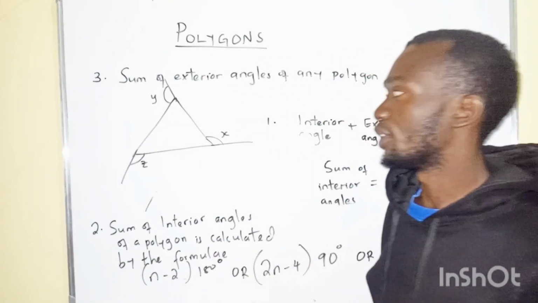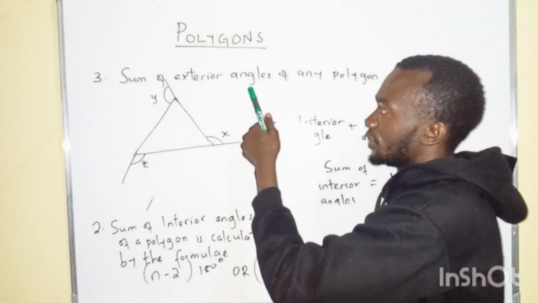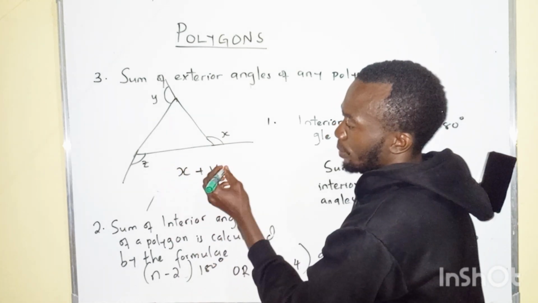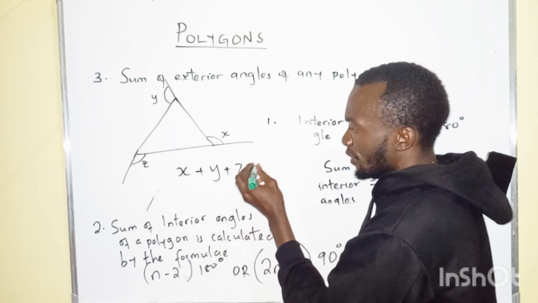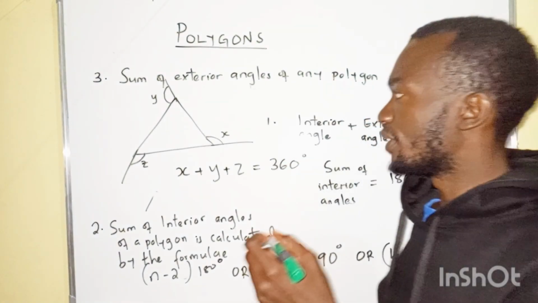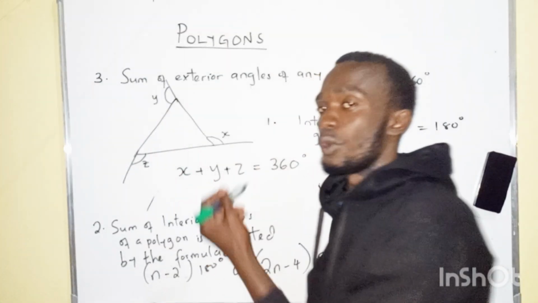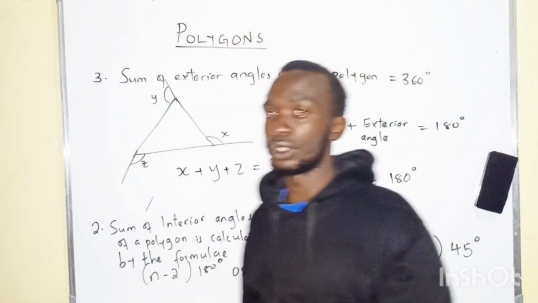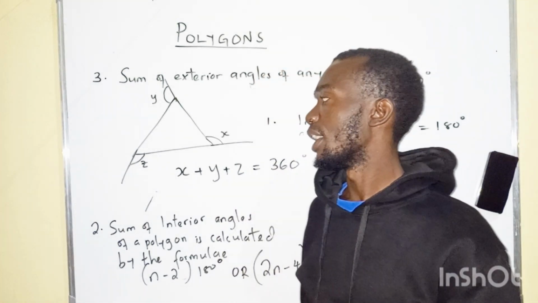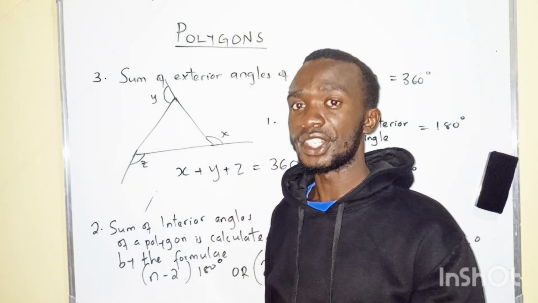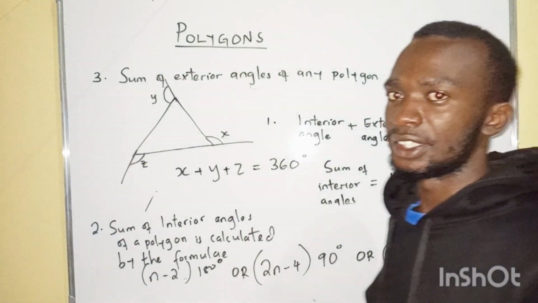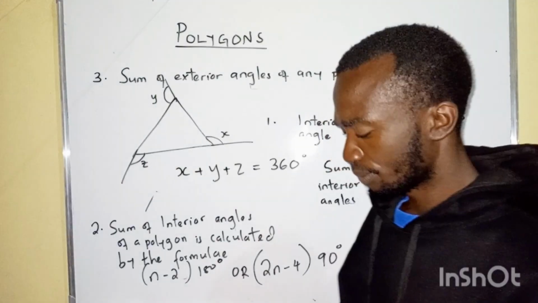From this, it clearly tells us that x plus y plus z should give you a sum of 360 degrees. Even if these lines are not equal, as long as it is a polygon with 3 sides or more, it will always give you a sum of 360 when you add all the exterior angles.